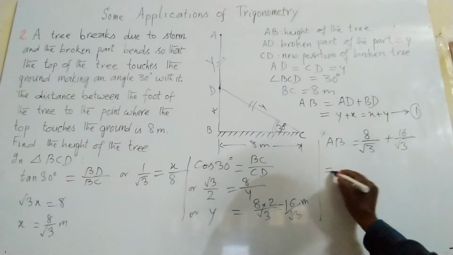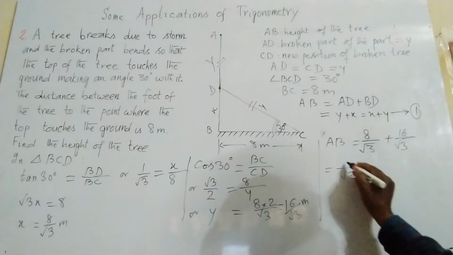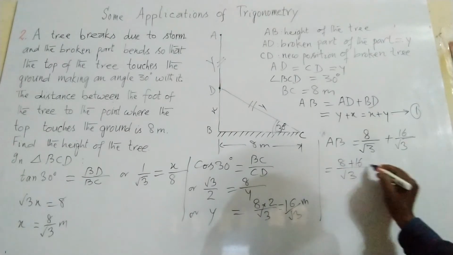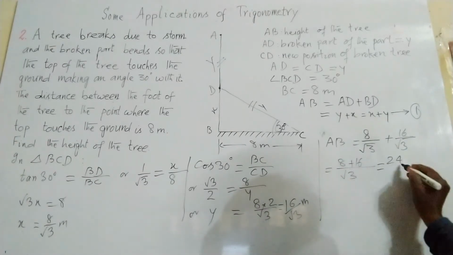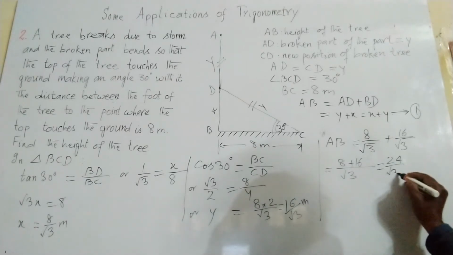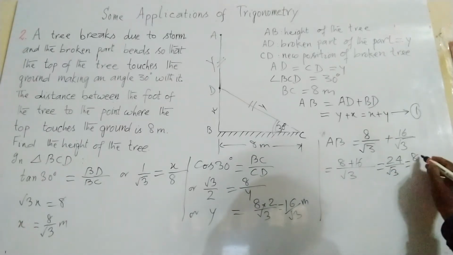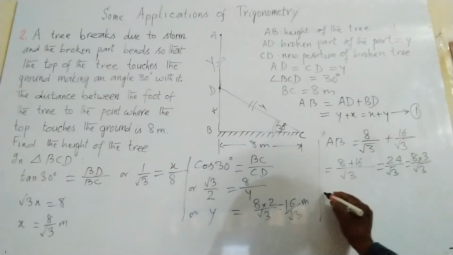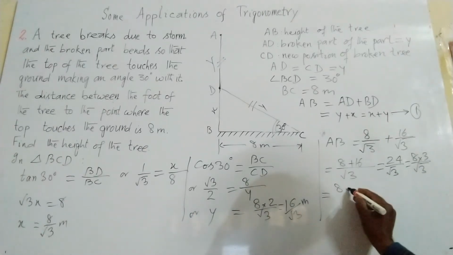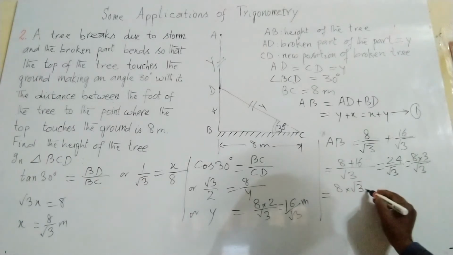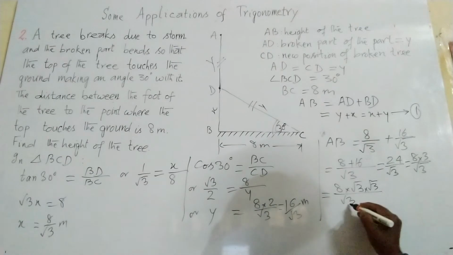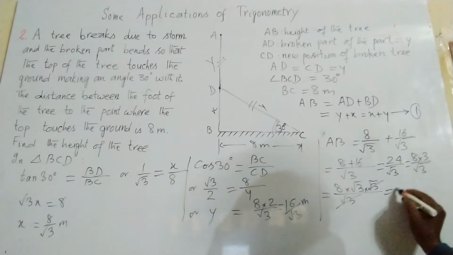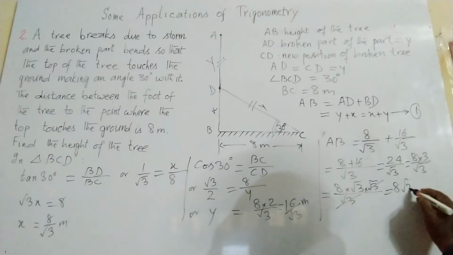So AB is equal to 8 plus 16, that is 24 by root 3. This can be written as 8 into 3 by root 3, which is 8 into root 3 into root 3 by root 3. Then this is 8 root 3 meters.